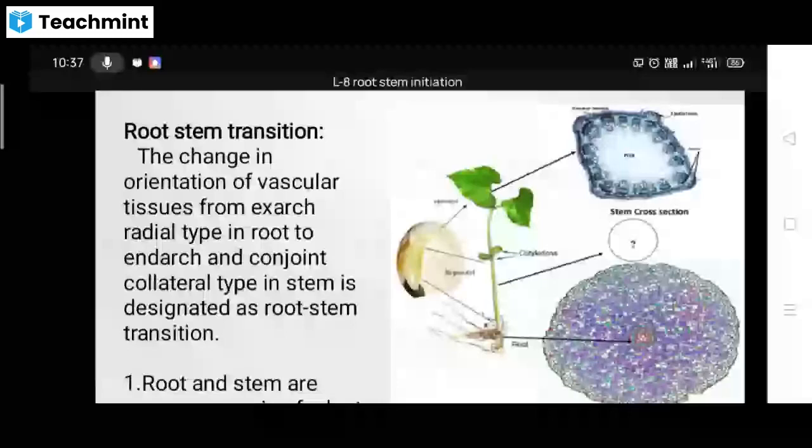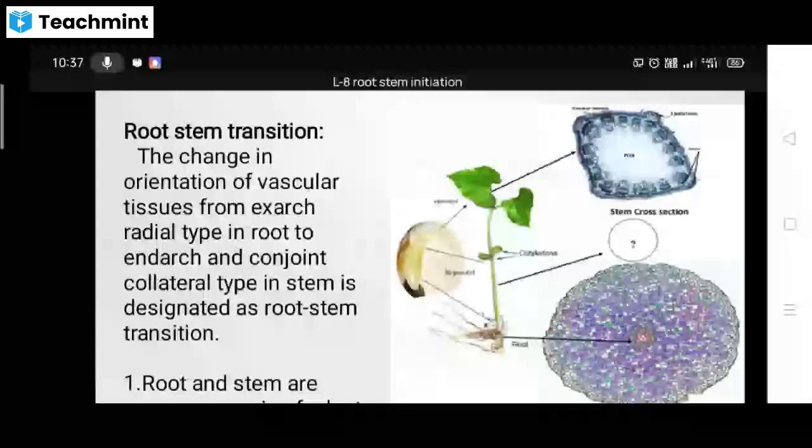The central part is the pith, and around that pith the vascular bundles are arranged in a ring, in the periphery. So from root to stem, the anatomical structures of the plant change. The exarch, radial vascular system is changed into the conjoined collateral type of vascular system. What is meant by conjoined and collateral?